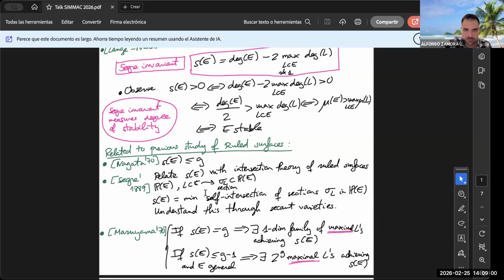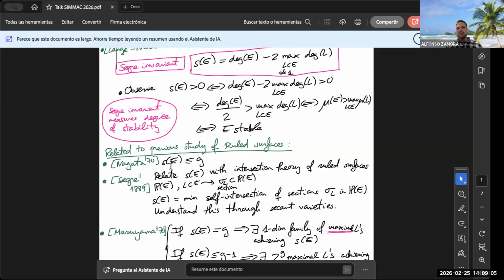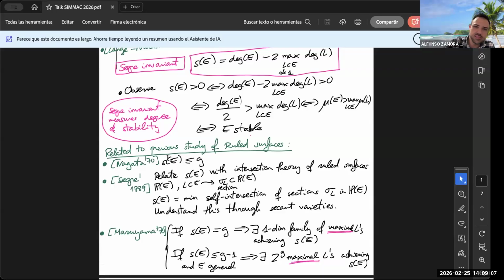Then, some time after this, there are two results by Nagata and Maruyama. Nagata proved that this number, which by that time is known as the Segre number or the Segre invariant, for a rank 2 vector bundle is less than or equal to the genus.